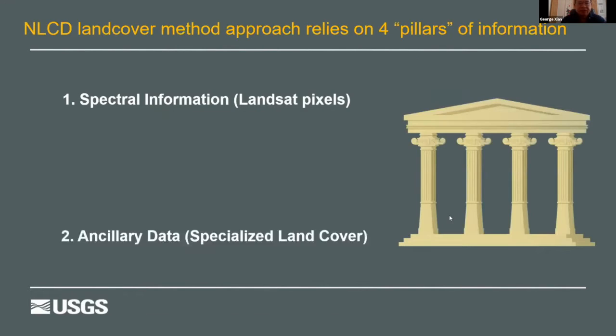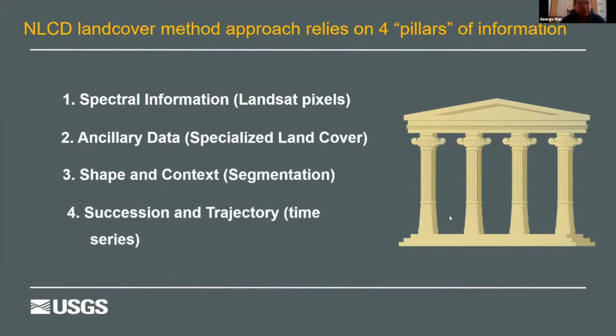For the NLCD continuing work, we label this NLCD effort as a so-called four-pillar effort. The four pillars include spectral information, that is the Landsat pixel; ancillary data, which we use to improve our land cover classification; shape and context, where we use additional segmentation information to help improve the classification; and succession and trajectory, that's the time series.